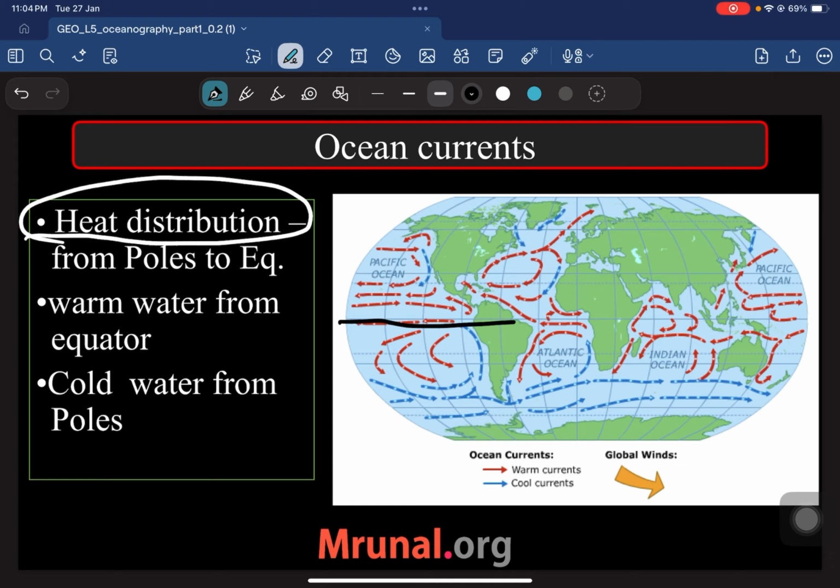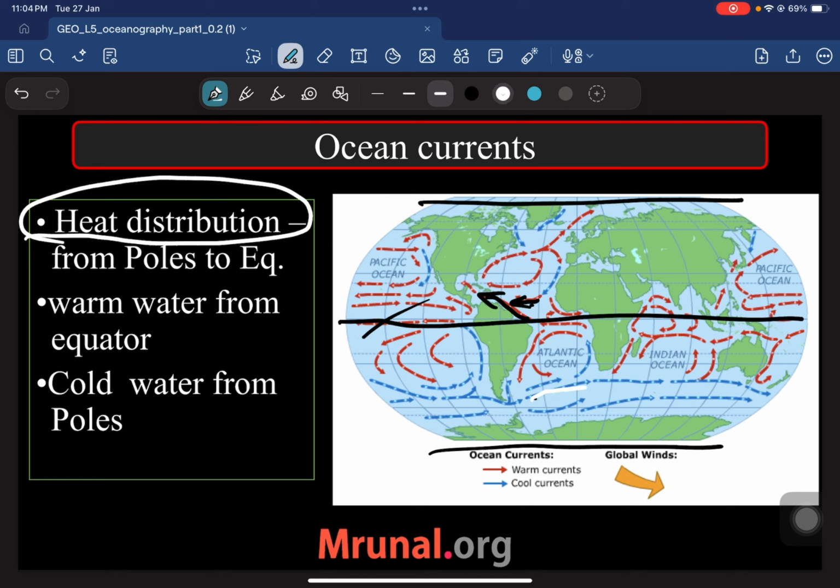For example, this is the equator, this is the north pole, this is the south pole. The sun rays' intensity is more at the equator, right? It means here, the red color currents you are seeing, these are heat currents, heated currents. The blue color currents you are seeing here are cold currents.